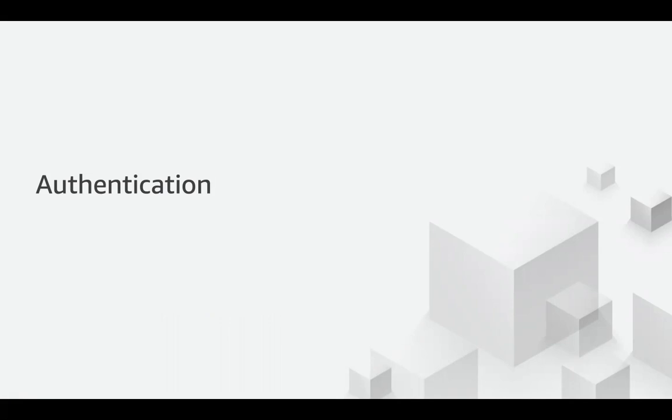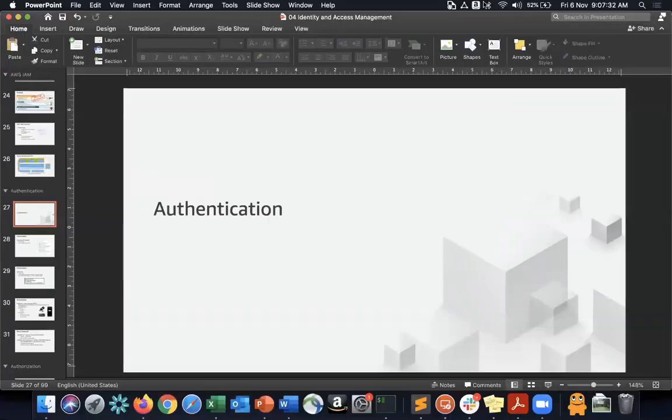Identity is something which, I mean, it could be a person, it could be a system, it could be an automation platform, it could be a robot, or it could be anything, right? So that's called an identity. Identity is one who logs in to the system, right? So from that perspective, let's get started with authentication, right?